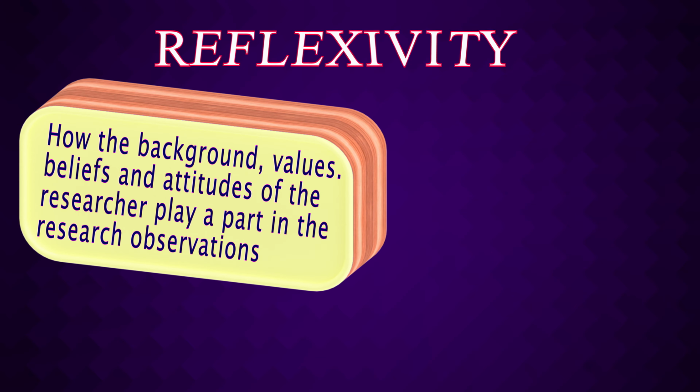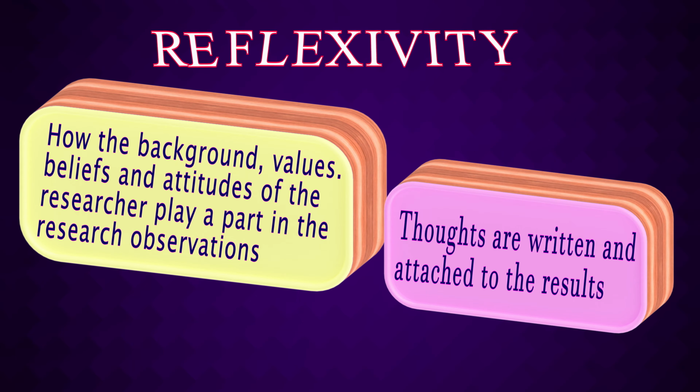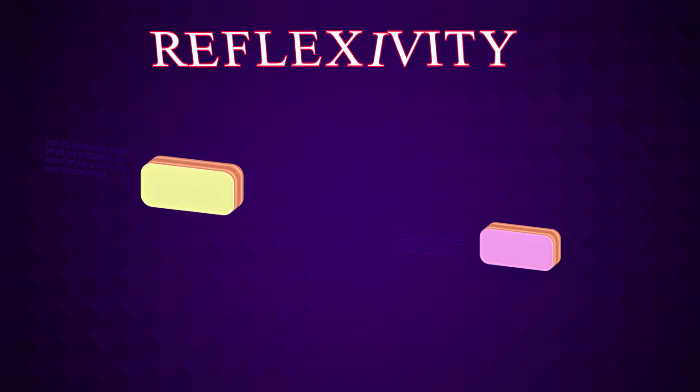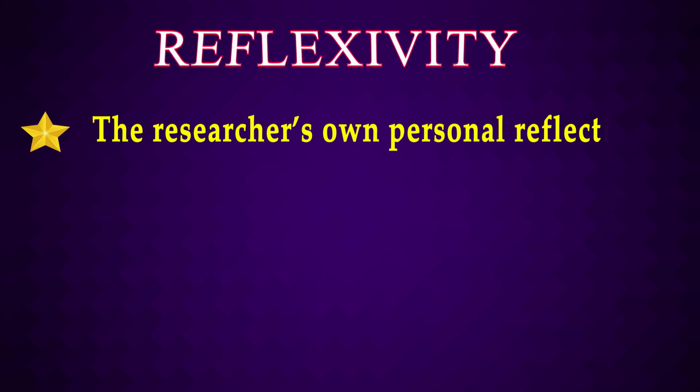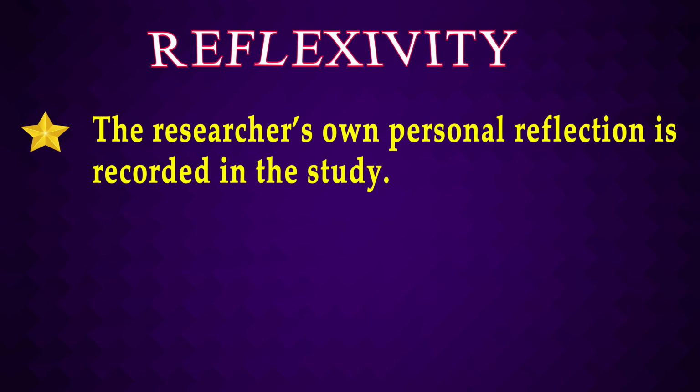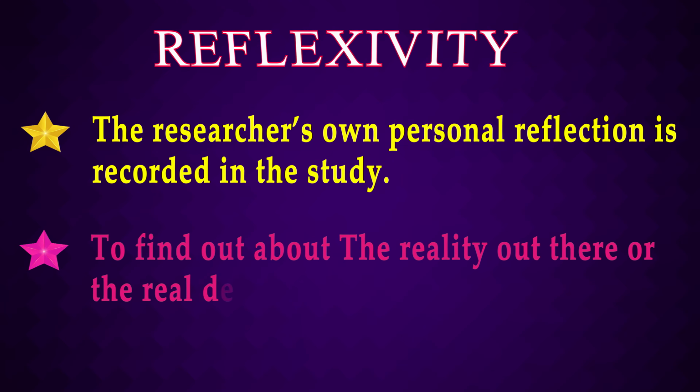So, what do you do? You observe and you write. When you write, you kind of reflect. So there is a personal reflection that is recorded and it is used in the study. You go to the field and you find out the real deal there. You find out the reality because it is very easy to sit here at home and talk about some society that I've never visited.